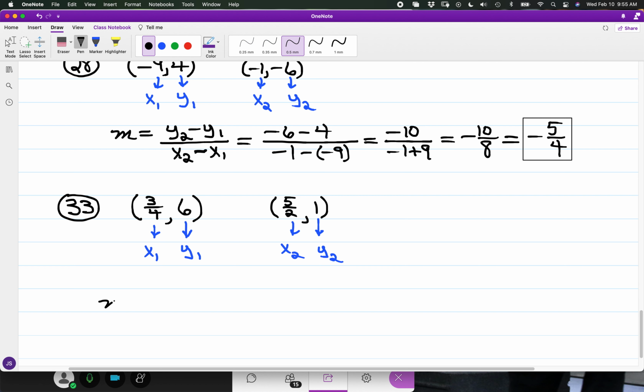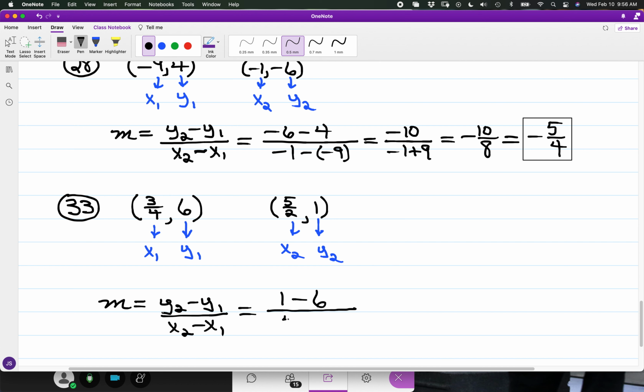And so for the slope, for the change in y, we have y2 minus y1, so we have y2 at 1 minus y1, so we have minus 6.